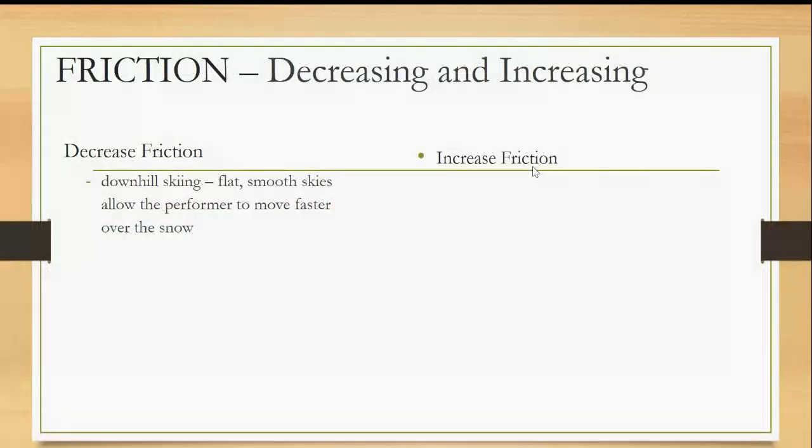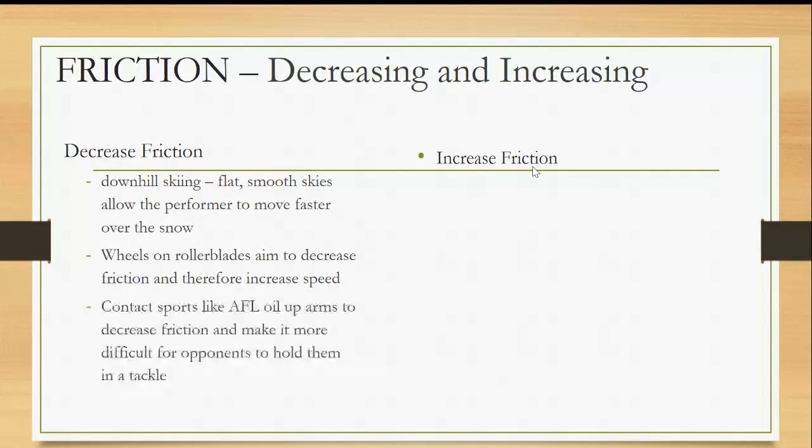So, why do they do this in sport? Why would you want to decrease friction? Well, in downhill skiing, you want flat, smooth skis that allow the performer to move faster over the snow. They want to go as fast as they can, so decreasing the friction helps them to do that. Wheels on rollerblades aim again to decrease the friction, and therefore they can increase their speed.